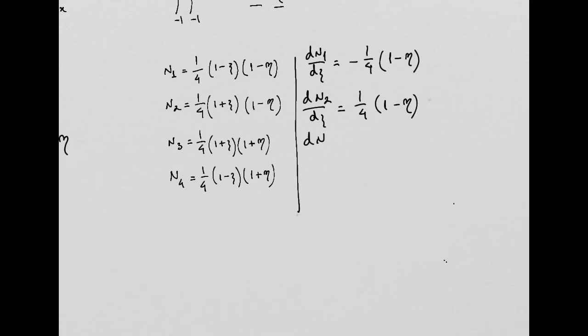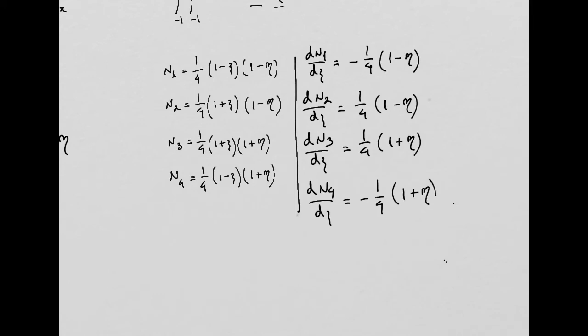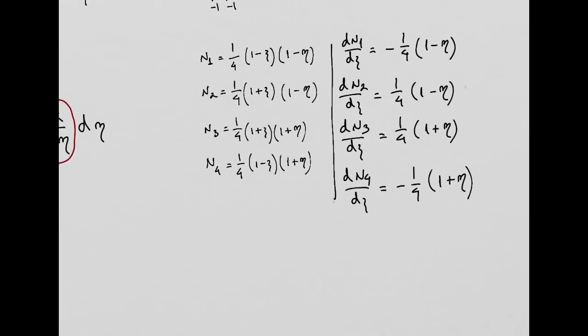The derivative of N3 in order to xi is going to be equal to 1 over 4 times 1 plus eta. And the derivative of N4 in order to xi is going to be equal to minus 1 over 4 times 1 plus eta. Okay? So, very, very simple derivations.